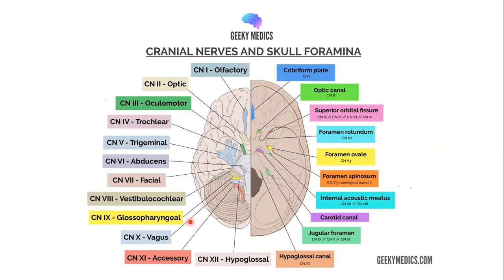Cranial nerve 10 is the vagus, which controls the heart. Cranial nerve 11 is the accessory and cranial nerve 12 is the hypoglossal.